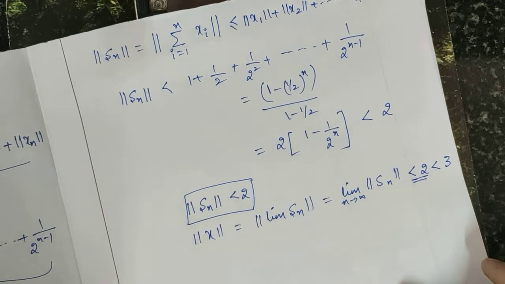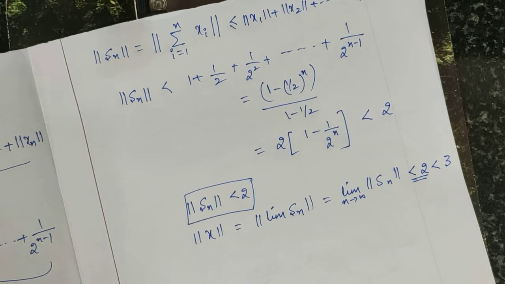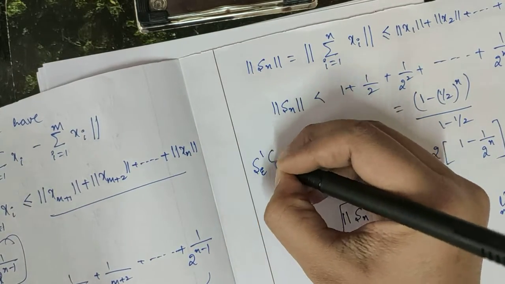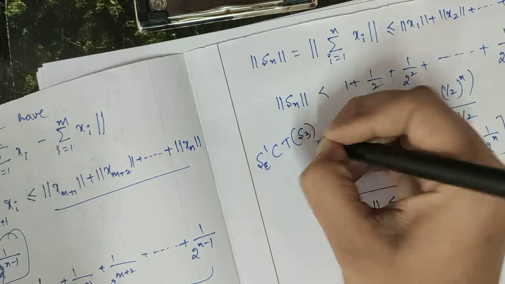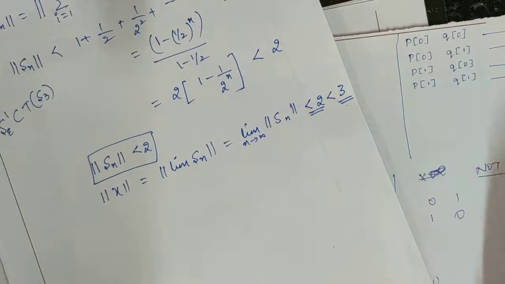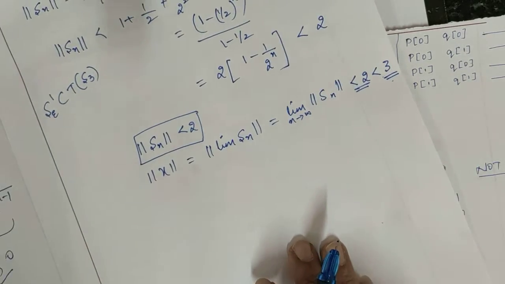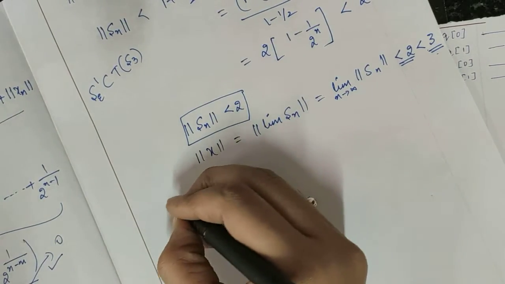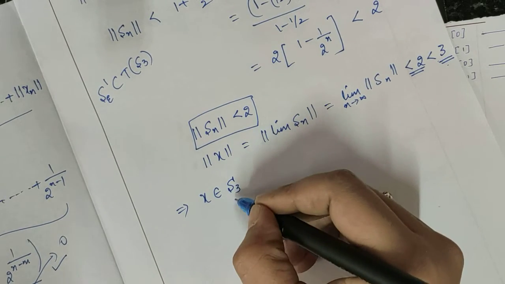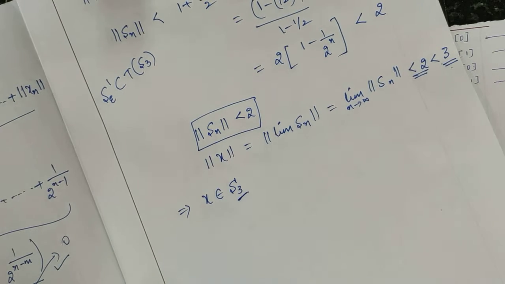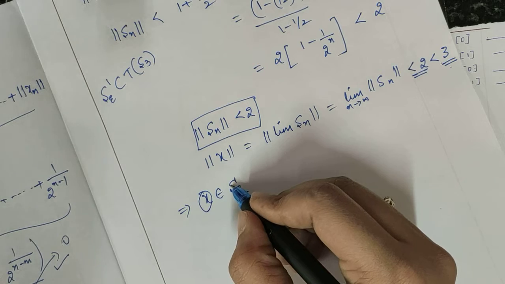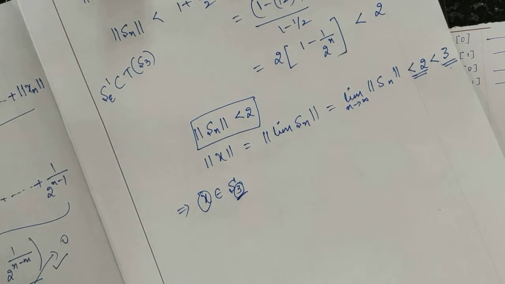Obviously it is less than 2, but in order to prove the given statement we are considering radius 3, right? For that purpose, I have written this, as 2 is always less than 3. Okay, so this implies x belongs to S3. S3 is nothing but your open sphere with radius 3. There is a point x which is in the open sphere SR with radius 3.